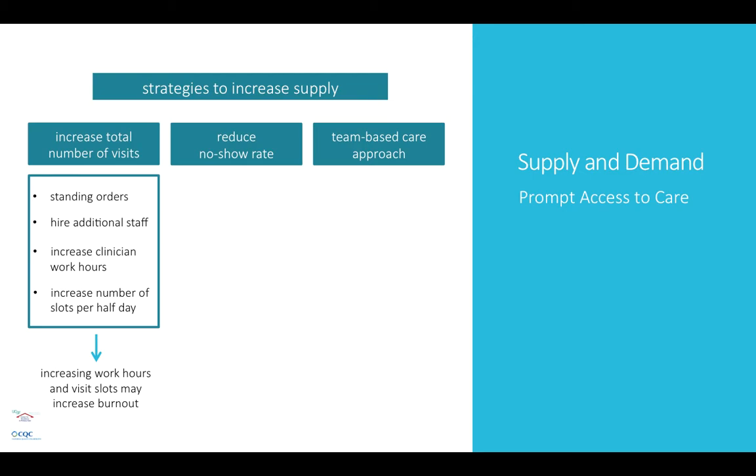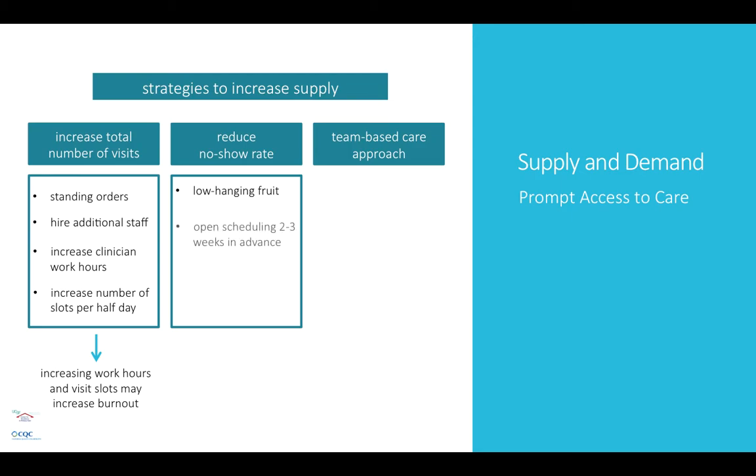For many practices, reducing the no-show rate is low-hanging fruit that can improve access. The farther in advance an appointment is made, the more likely the patient will not show up to the appointment. Some practices do not open scheduling templates until 2 to 3 weeks in advance, which reduces the no-show rate. The disadvantage is that some patients prefer to schedule far in advance.